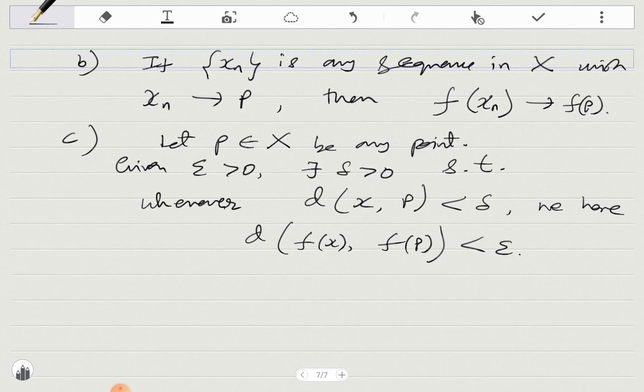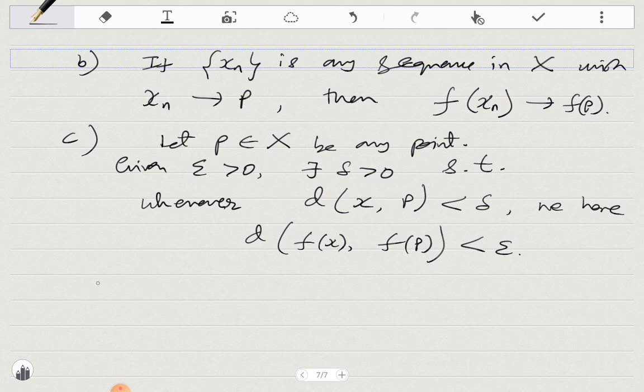And as I said, here I'm talking about continuity on the whole domain X. We can easily modify these for continuity at a point. Even the open set definition can be formulated for continuity at a point, but let me just take one of these.